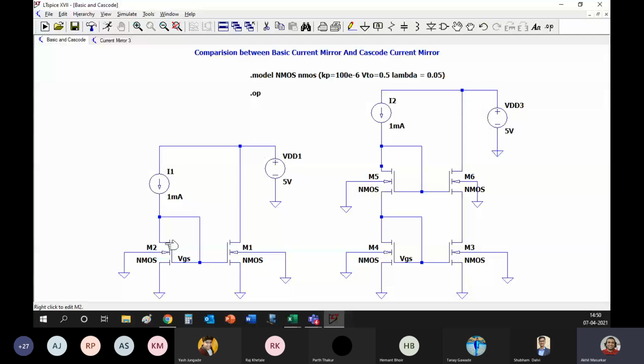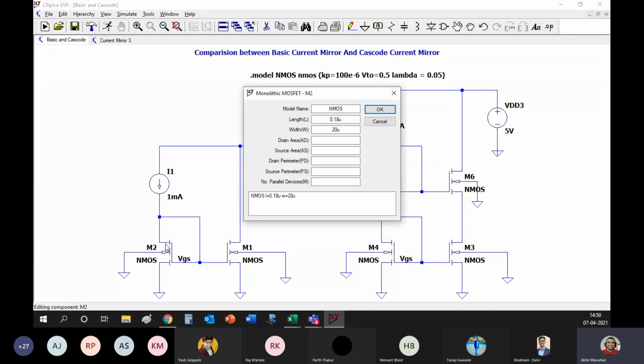Width always has to be more than the length. If length is 1, for example, then width should always be more than double of length. It can be triple, 4 times, 10 times, or even 100 times, but minimum it has to be 2 times.